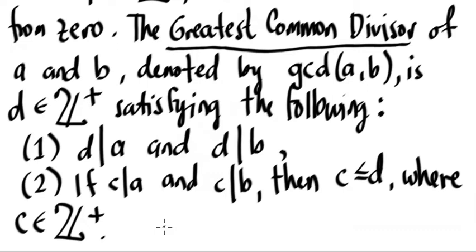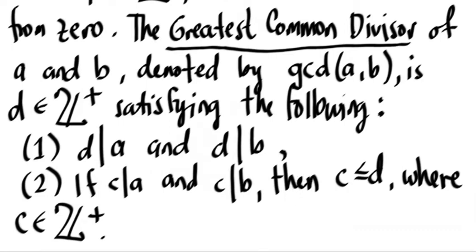So d, the greatest common divisor, divides a and also divides b. And if there is a certain c that divides a and b, it should be less than or equal to d, not greater than d, because d is the greatest common divisor, the largest, the highest. Meaning c is a common divisor, but it's not the greatest common divisor.